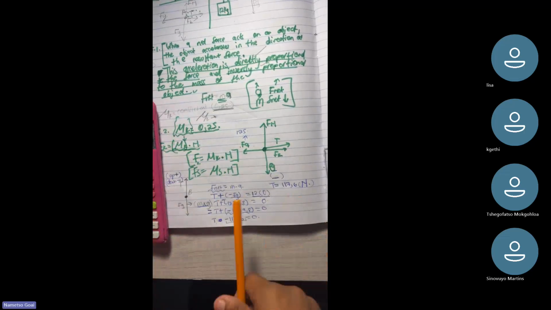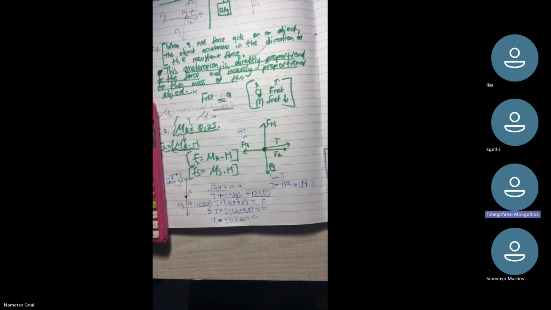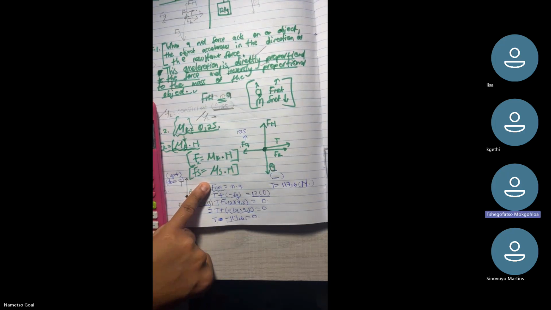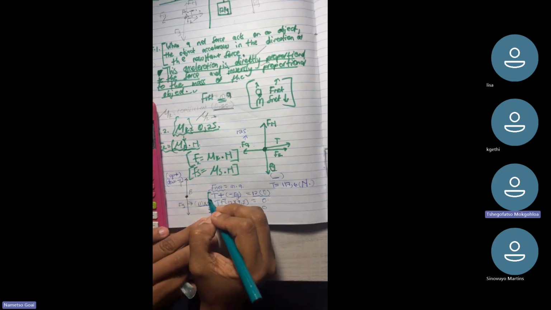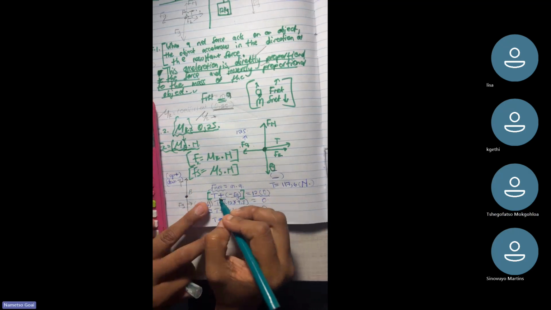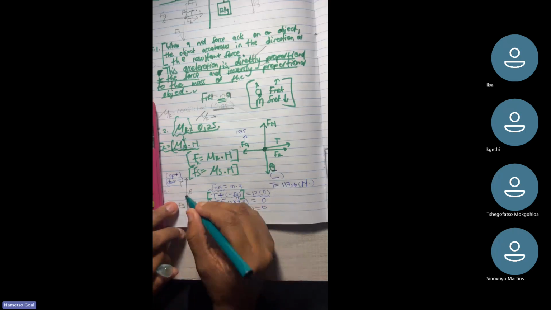You guys understand 5.2? Are you certain that you understand 5.2? Ma'am, can I ask, in place of F net, that's where you say tension plus or minus Fg? Yes, right here. These are the two forces acting on this object.